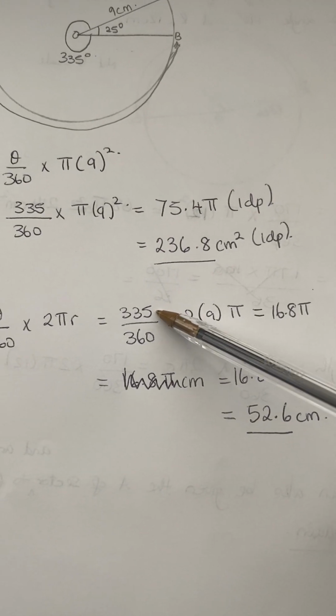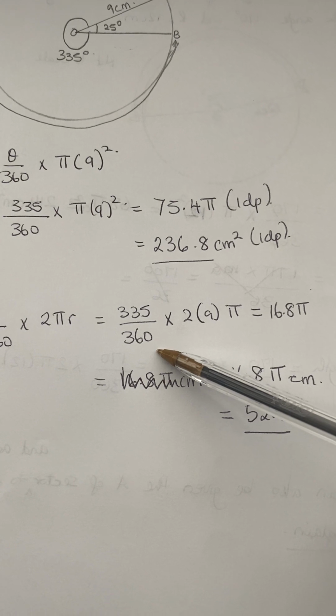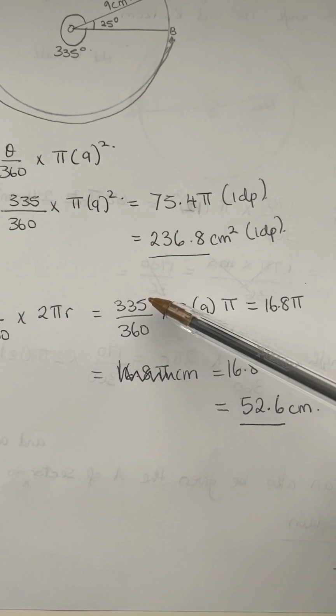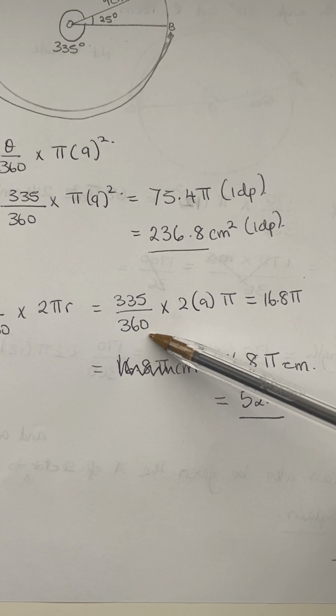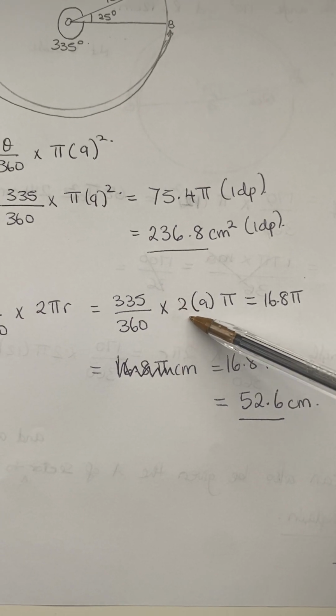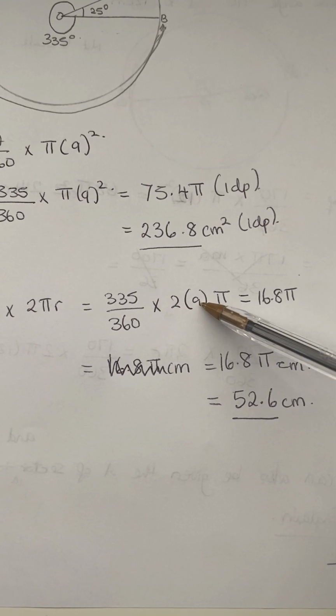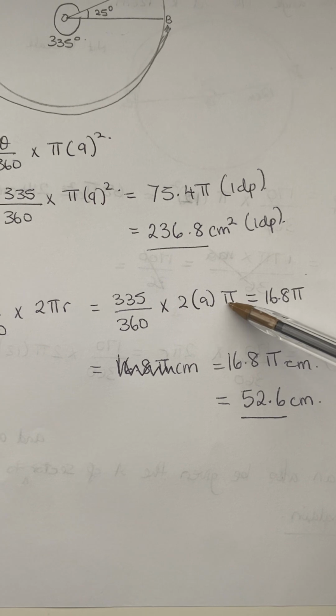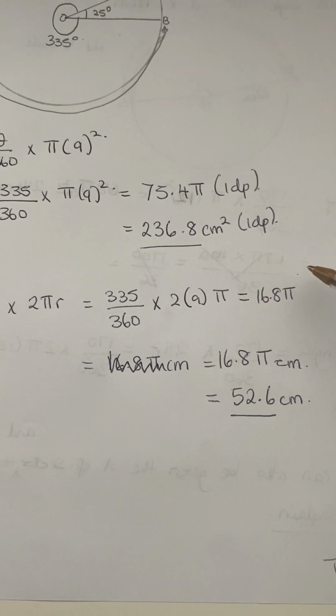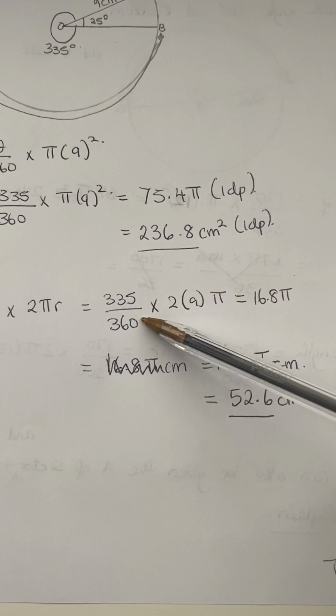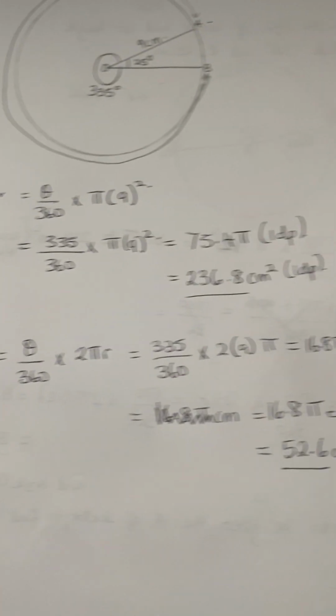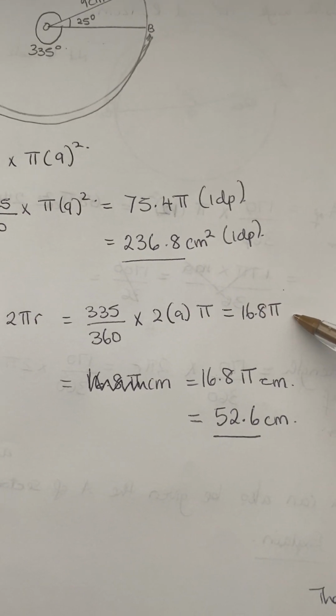Now 335 divided by 360, you can do that on the calculator, times 2, r is 9, and pi. If they say leave your answer in pi, this is an arc length, so your answer will be in centimeters here.